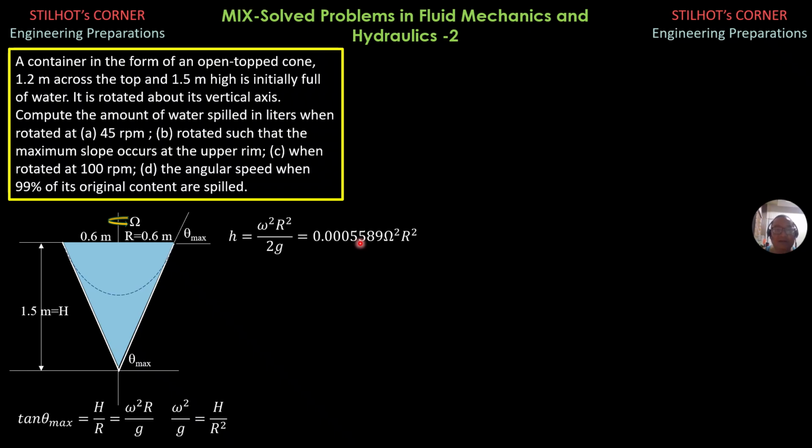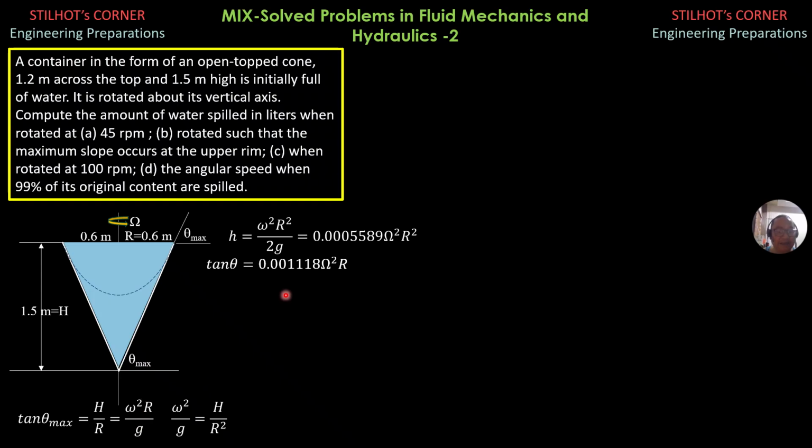So, replacing H, which is H max, by R square, tangent theta also is 0.0011118 omega square R, from this formula for tangent theta. I replace W by omega times pi over 30, squared. So the formula exactly is pi square over 900G.